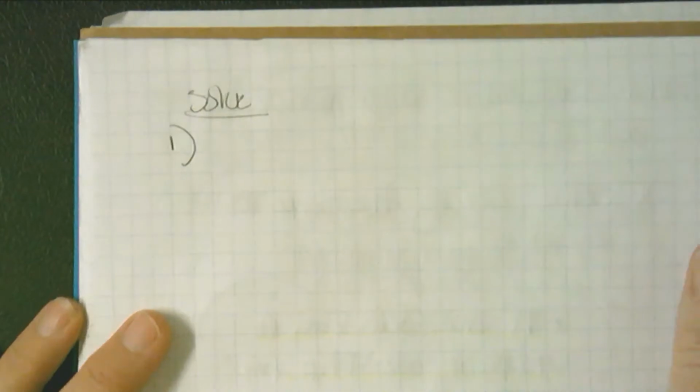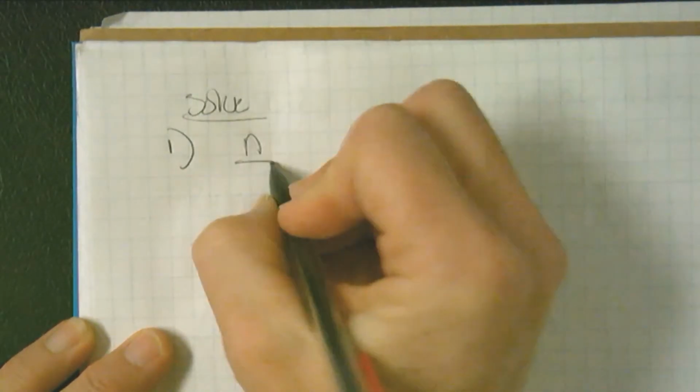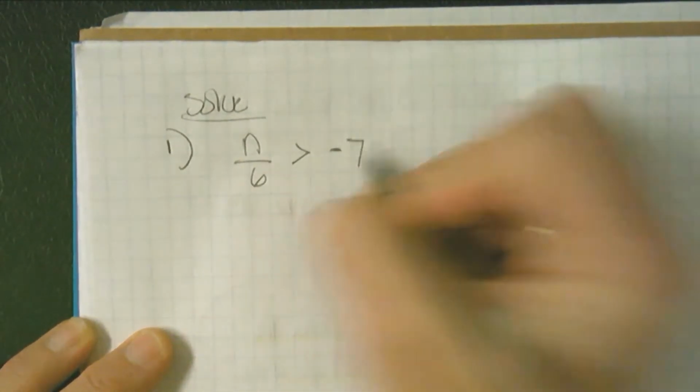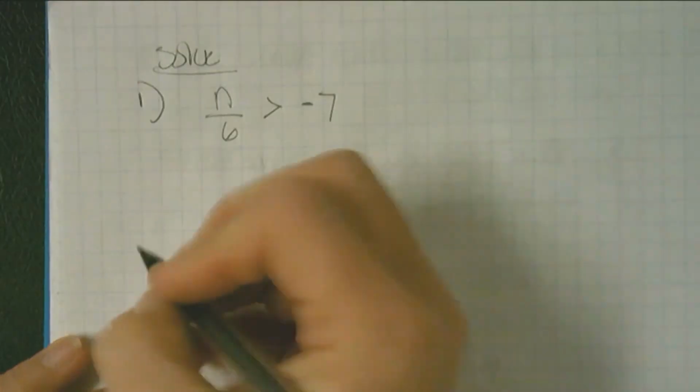All right, so I want you to solve a couple of these. Remember, the coefficient has to be negative. It does not matter if that constant on the other side is negative. All right, so I want you to solve the following inequalities. So n divided by 6 is greater than negative 7 is the first one. Go ahead and get going, please.